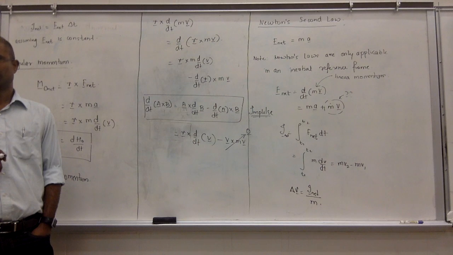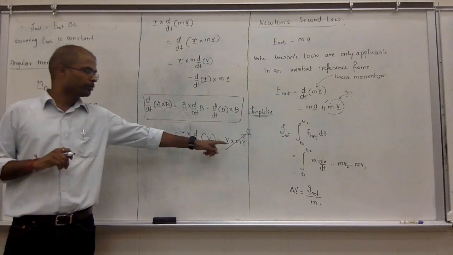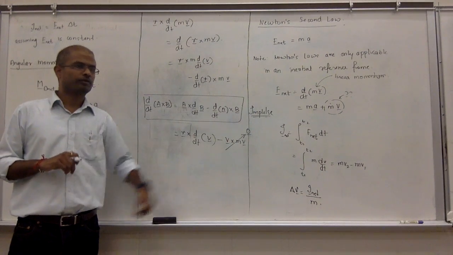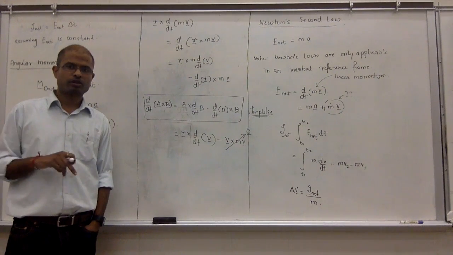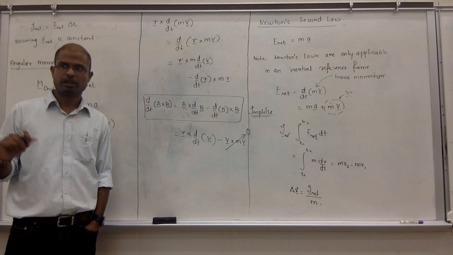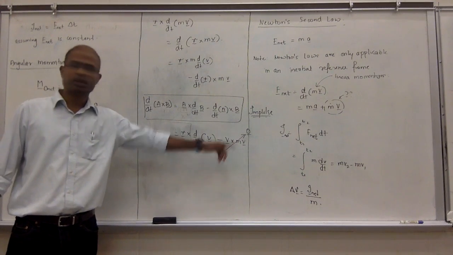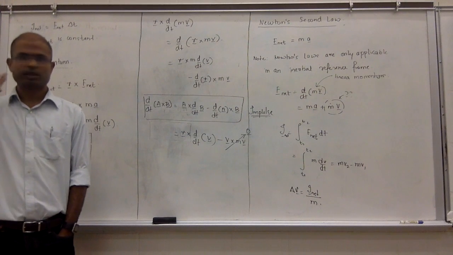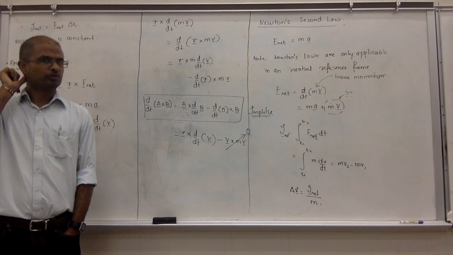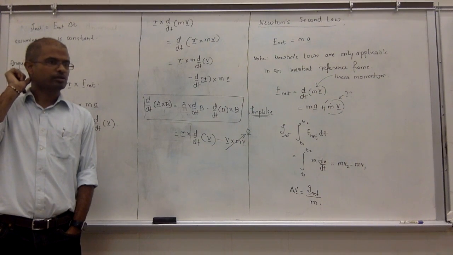A cross B is AB sine theta, where theta is the angle between A and B. Here it is the angle between V and V. What is the angle between the same vector? 0, and sine 0 is 0.